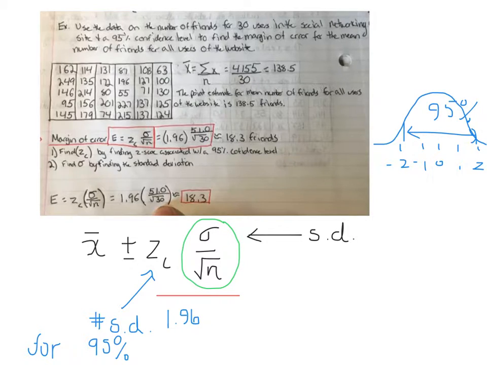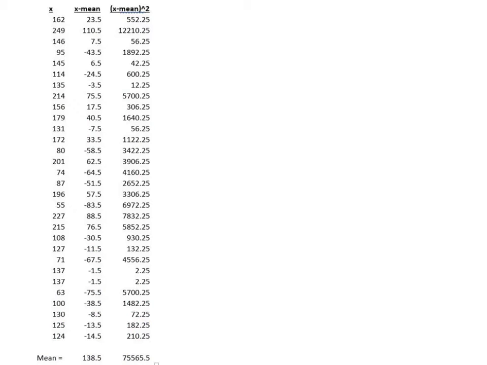Now the next question is, how do we determine this standard deviation? And this ties in with something we've learned previously in this course. Standard deviation measures average spread away from the mean. Well, we've learned that there is a formula that can be used to determine that average spread away from the mean. And that formula is as follows.